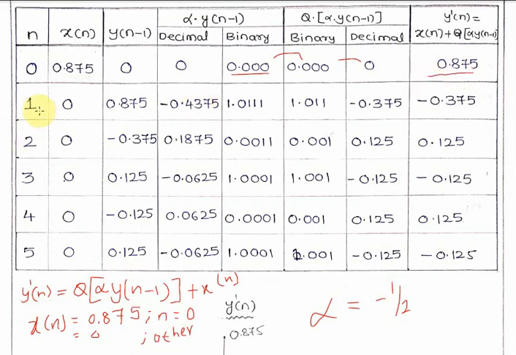Next, n value 1. At n is equal to 1, input x of n value is 0. Y of 0 means the previous output, and y of 0 is 0.875.